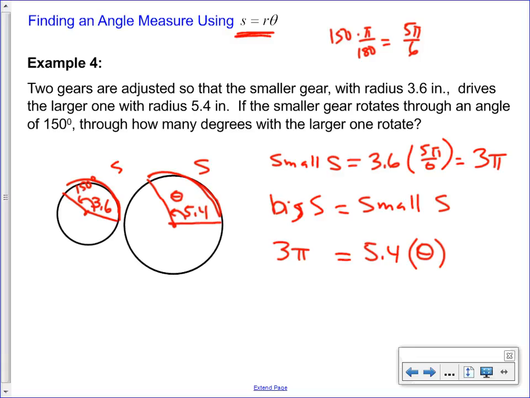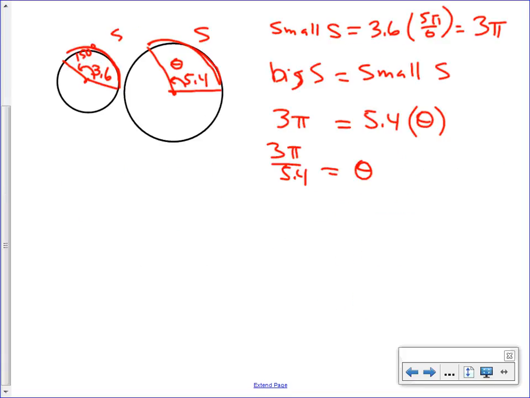When you divide by 5.4, you get 3 pi over 5.4 is your theta. Since the angle was given to you in degrees, you can convert this. So 3 pi over 5.4 times 180 over pi would give you about 100 degrees for your theta.